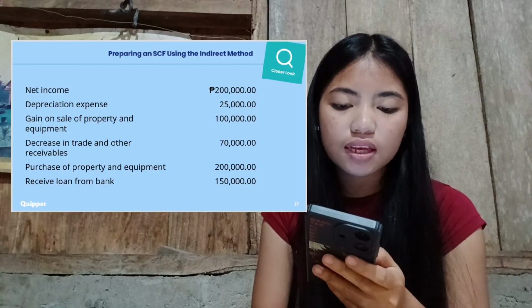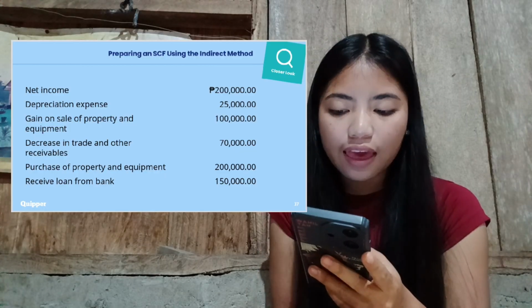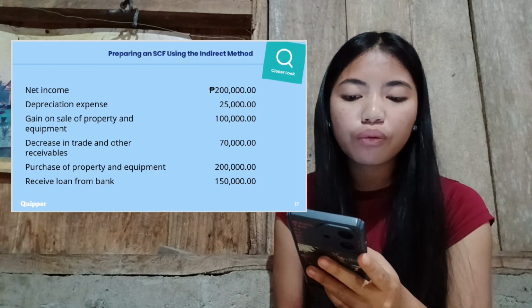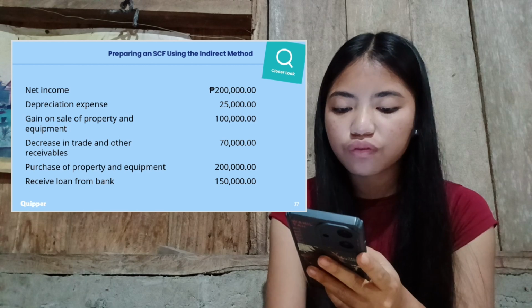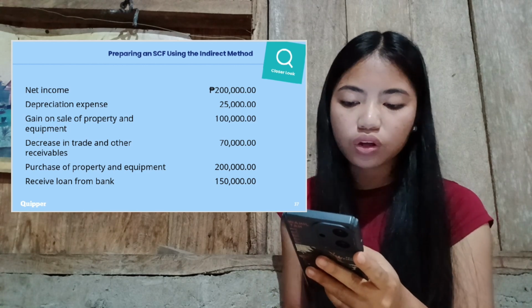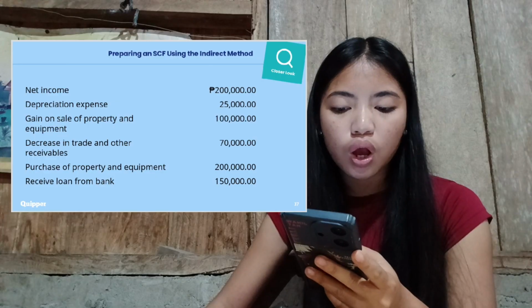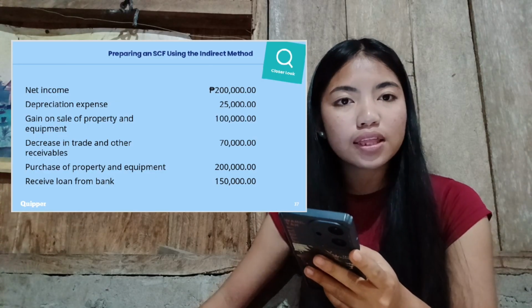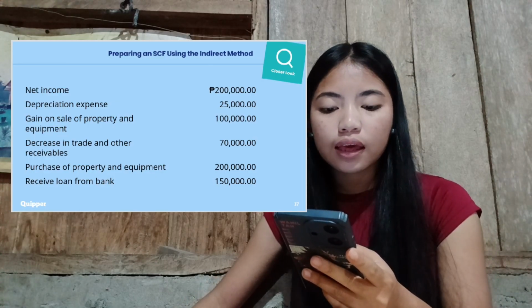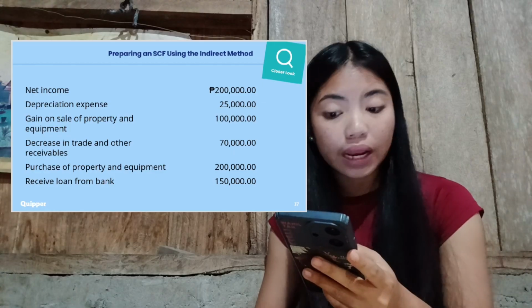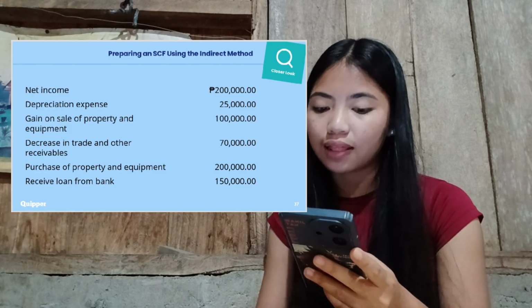We have 6 transactions here, and we have to examine how Rita prepared the statement of cash flow using the indirect method. She prepared only the cash flow from the operating portion of the statement. So ang iyang gaman o cash flow ani isang operating portion ra sa statement.